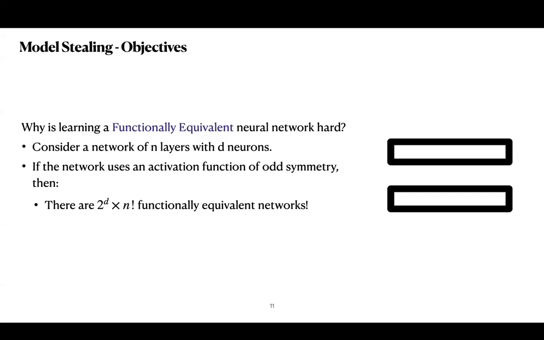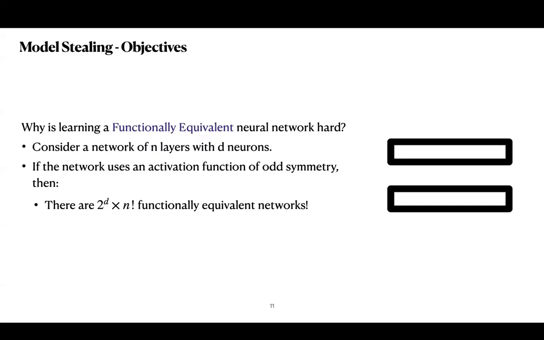This means that if you have activation functions that are odd functions, you could just switch the layer order, or basically turn off those neurons, and you will end up with the same function, with the same performance, but in a different format.